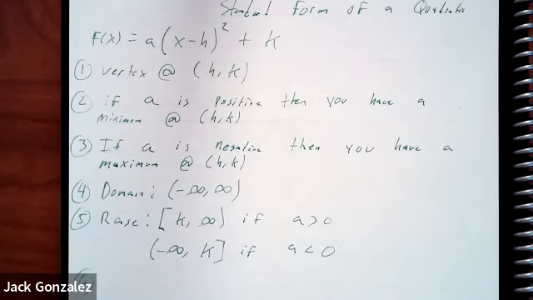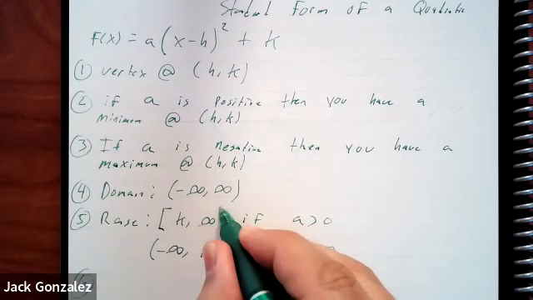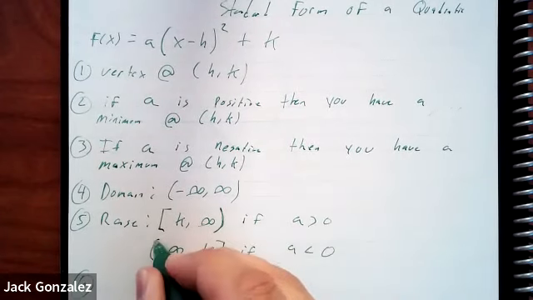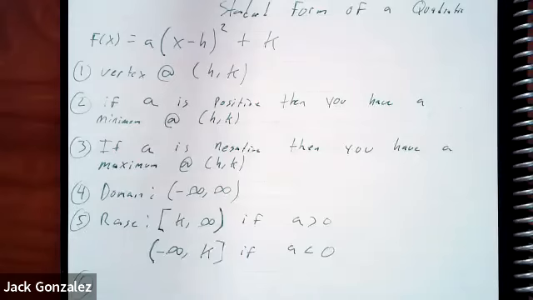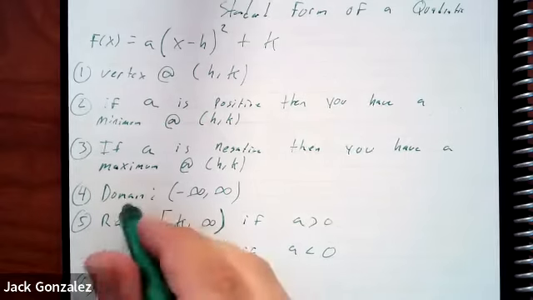Bracket on k only. You never put a bracket on infinity. Range. All right, I'll write it better.